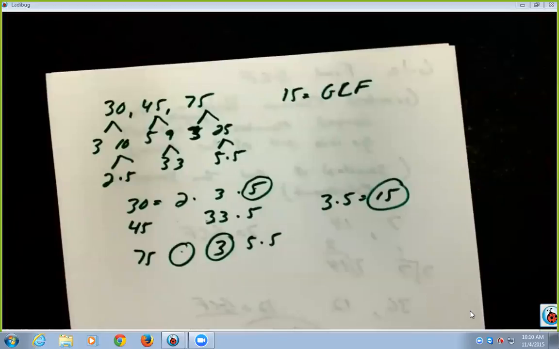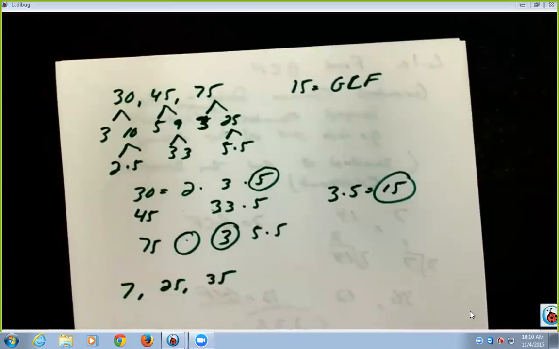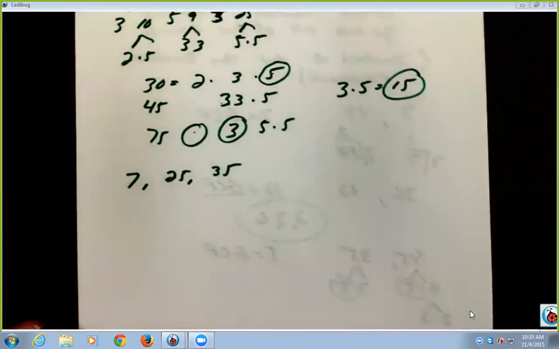Now, sometimes they might give you something like this: 7, 25, and 35. So if I had that one, 7, 25, and 35, what's the largest number that would go into all of those? If you looked at it, what do you think? Guys thinking of one?